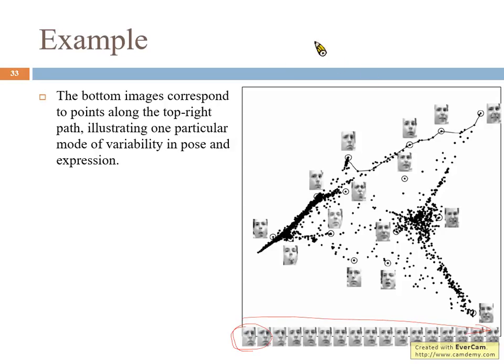Going from this point to this point, we can see that this is sad, and then this is happy. At the top part, we capture the human face from his right side. And at the bottom part, we rather capture the human face from his left side.